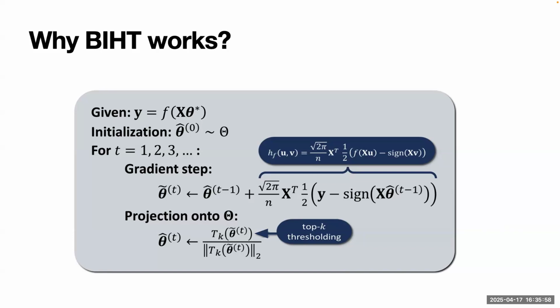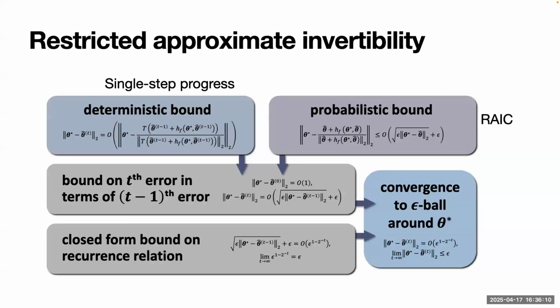We are doing top K thresholding, but for now, let's forget about the top K thresholding. That's just going to add another level of complication. What we are going to do is look at the single step progress.